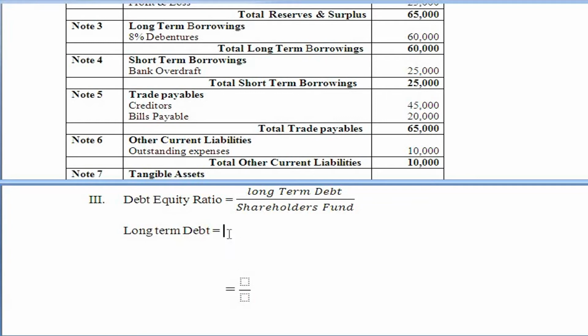So right here long term borrowings is equal to debentures, which is 60,000. Understood? Next one is shareholders fund. We need to find out the amount of shareholders fund.